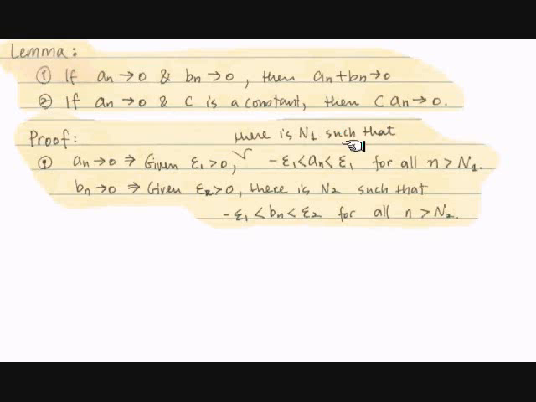So eventually, if a_n has an index greater than that index N1, all those terms fall in between 0 minus epsilon 1 and 0 plus epsilon 1. That 0 came from the target it's approaching. If you think about it, the statement is going to be exactly parallel for b_n.